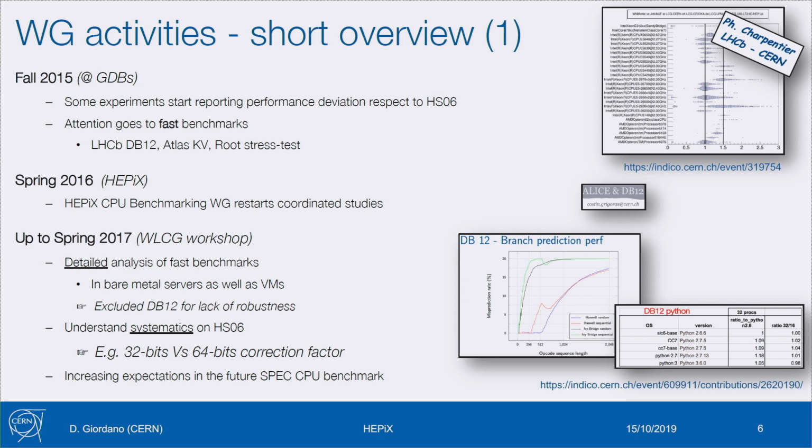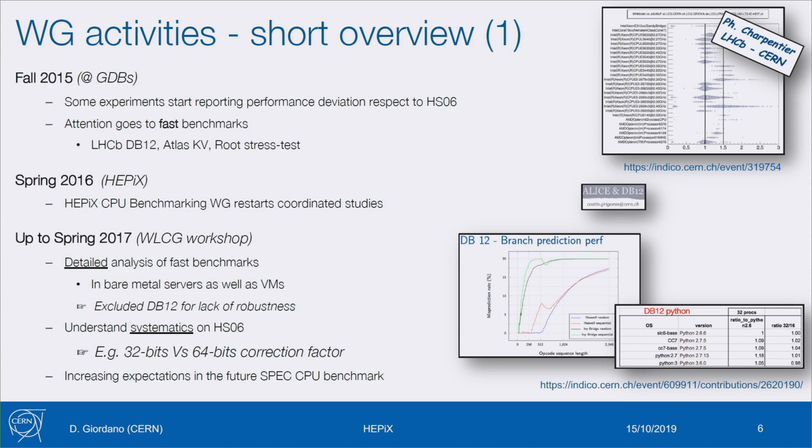He was expecting to see for all the CPU models essentially a distribution that was peaked at 1, but on the contrary, he could see some of the new models peaked at 1.5 when rescaled for HEPiX 6. The message was that the performance of the job was of the order of 50% better than what HEPiX 6 was predicting. Good, so it was not a huge concern because we were on the positive side.